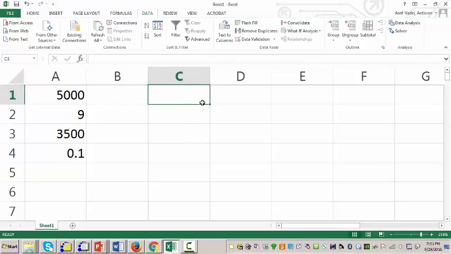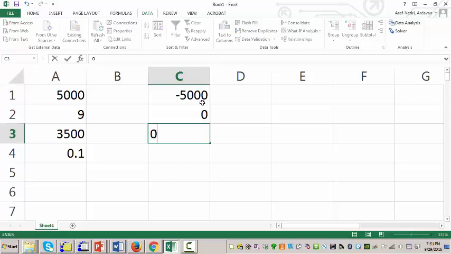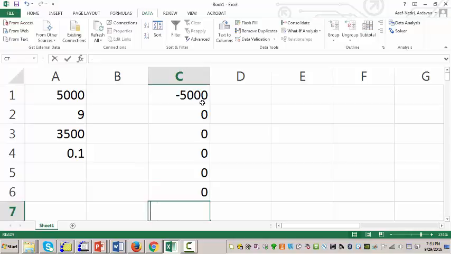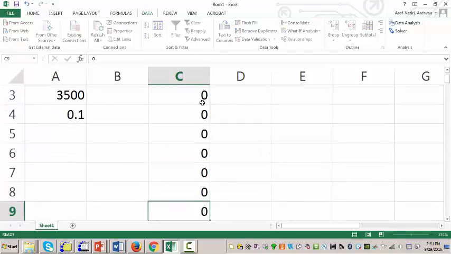In Excel financial functions, if you put money in, you show it by a negative sign. If you collect money, you put it in with a positive sign. So at the end of year 0, we put $5,000 down. End of year 1, we don't get anything. We don't pay anything. The same as 2, 3, 4, 5, 6, 7, 8.